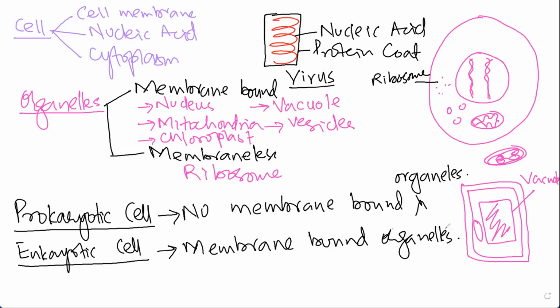Eukaryotes. Plants? Look, plants do have membrane bound organelles. So plants are eukaryotes. Got it? So an example of a prokaryote is bacteria.